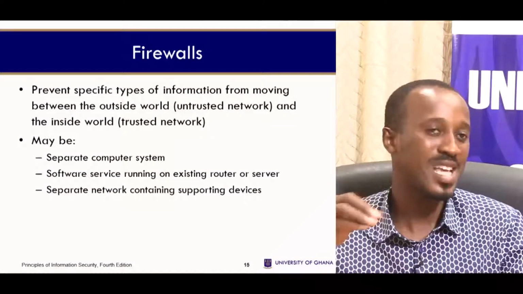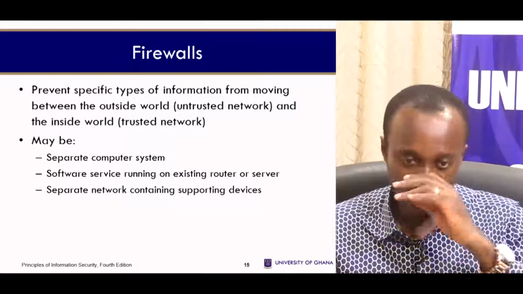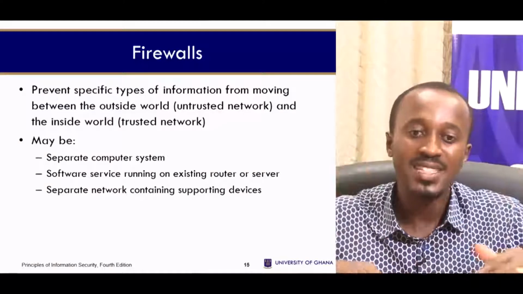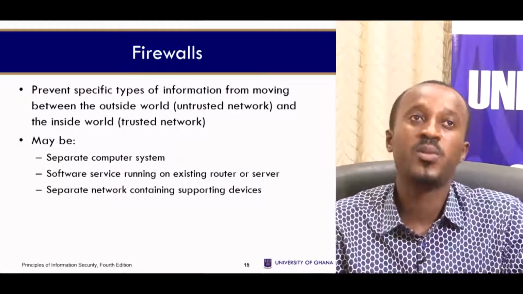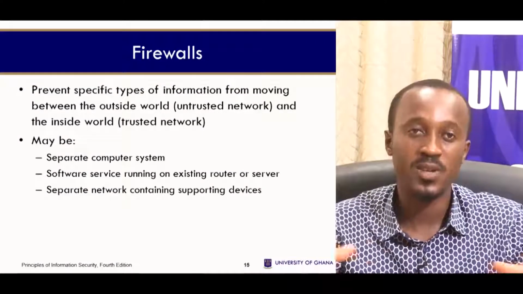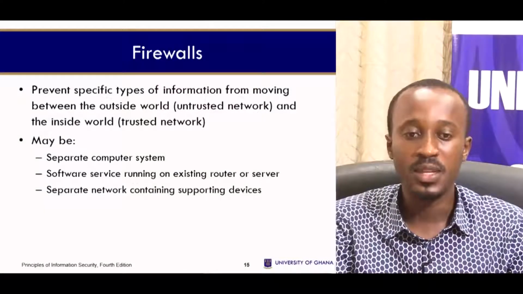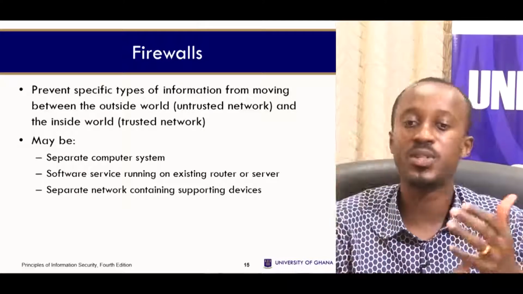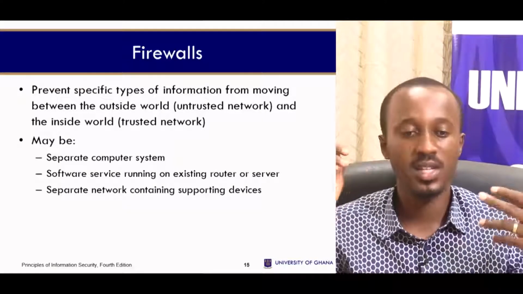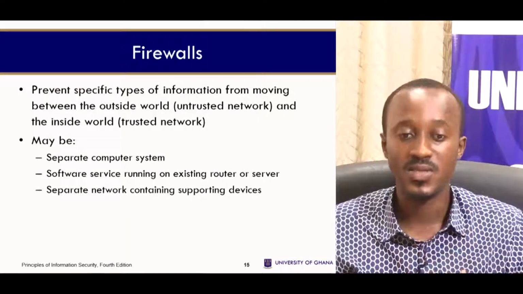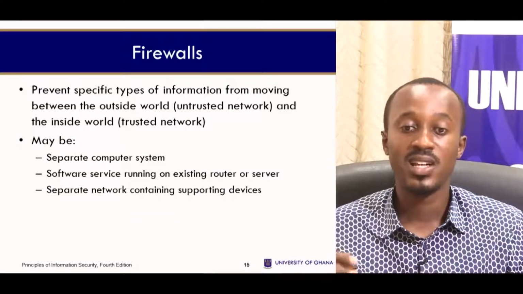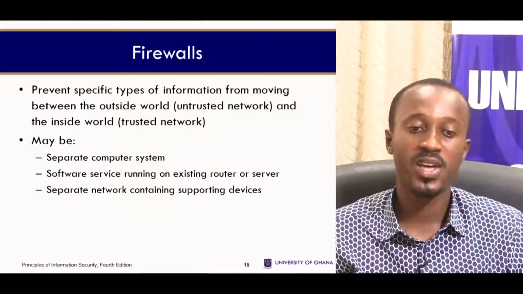So that we prevent certain types of information from moving between the outside world and the inside world, which in this case is the network that the organization is working within. Now these firewalls may be separate computer systems. They may be software services running on existing routers or server systems somewhere.